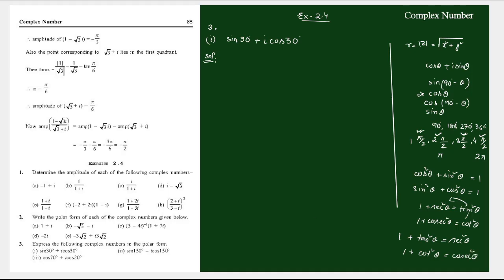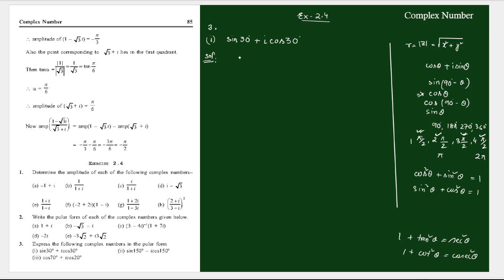So this is the correct one. These are the trigonometric identities you need to memorize. 1, 2, 3. Then let's start going.